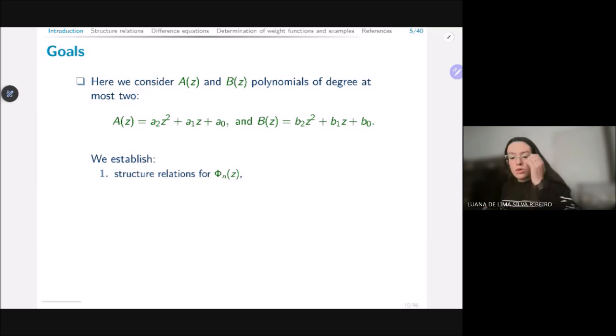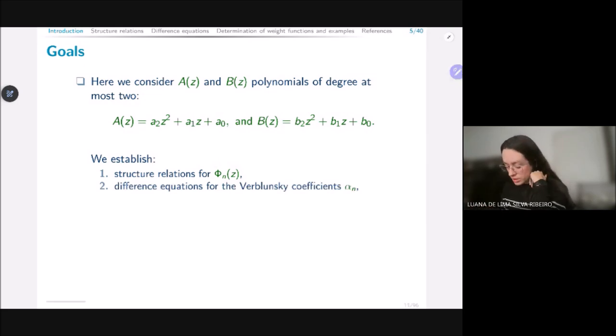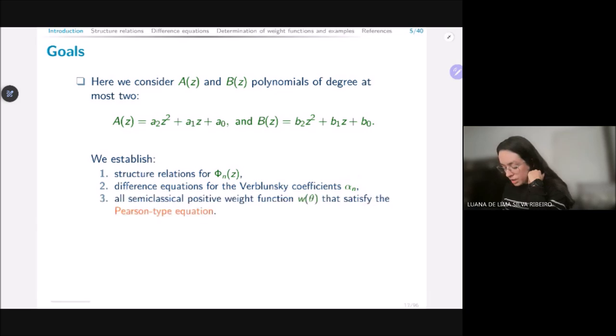Our goal here is first to establish a structure relation for the polynomial phi n, that is, some finite formula that involves the polynomial and its derivative. Then we are looking for a difference equation for the Verblunsky coefficients that we will represent as alpha n.